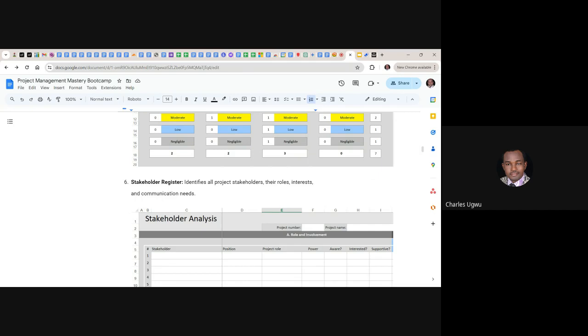You group them by whether they are external or internal, whether they have high influence or low influence, whether they are interested or not interested. Some stakeholders have high interest and they are very influential.